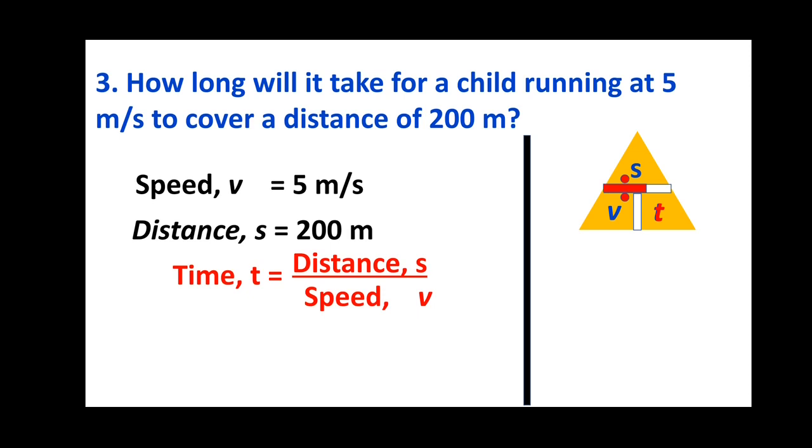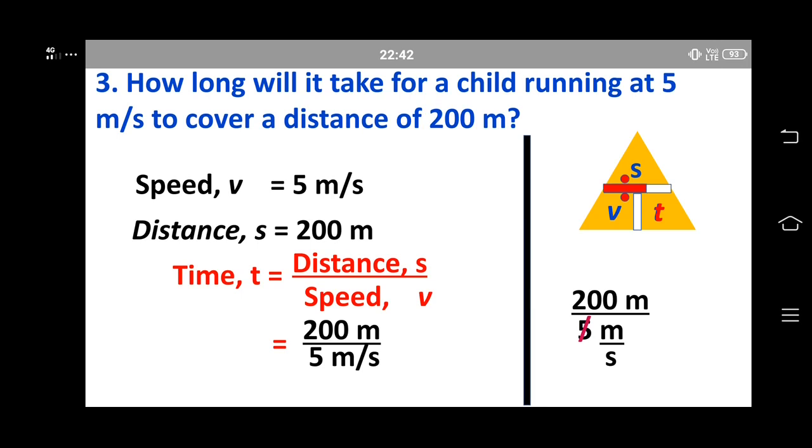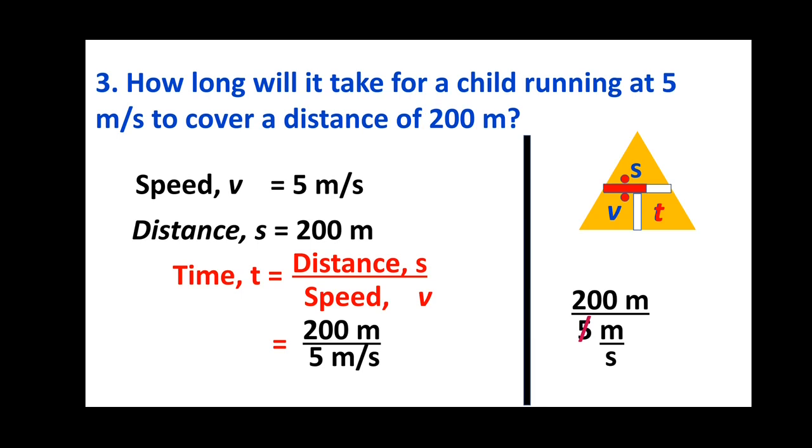Let us substitute the values. That is 200 meter divided by 5 meter per second. Let us do the calculation in workspace. Here in denominator we can see 5 and 5 will go in 5 one time, that is 5 ones are 5, and 5 will go in 20.